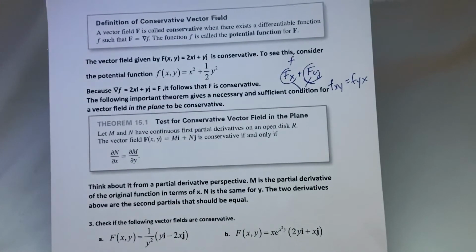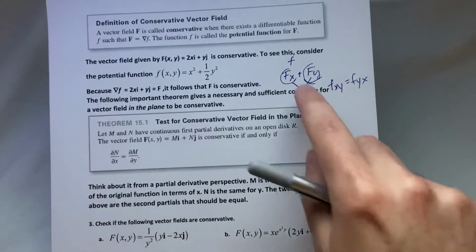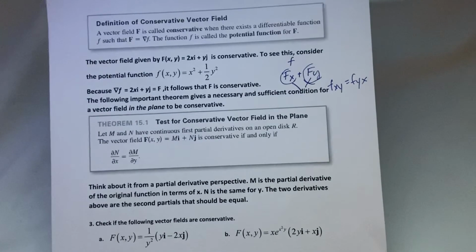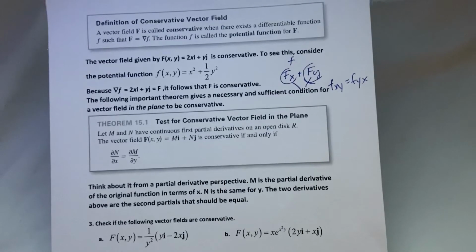So instead of having to test functions above, you can instead take the opposite partial below and see if you can get to the same point. And if you can, that proves that it's conservative and that there's going to be some function that is a potential function for your example.